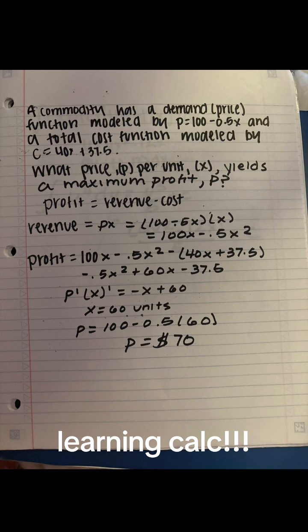Well, you find the derivative of that, which equals negative x plus 60. So you solve for x, which is 60 units. Then you go back to the P function and you plug in 60 to get the maximum profit price, which is $70.